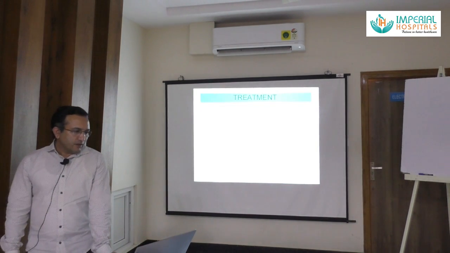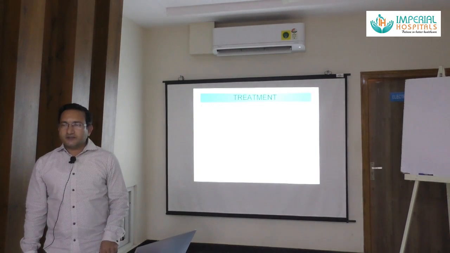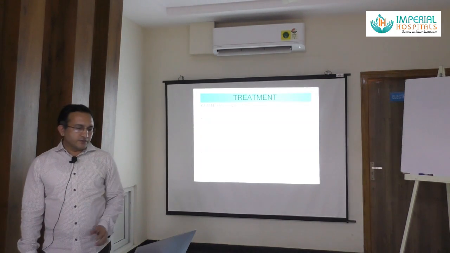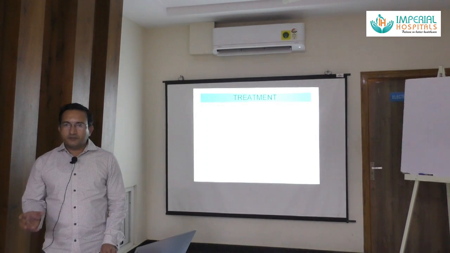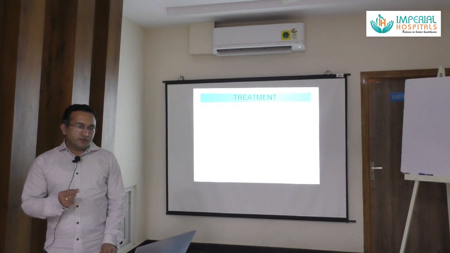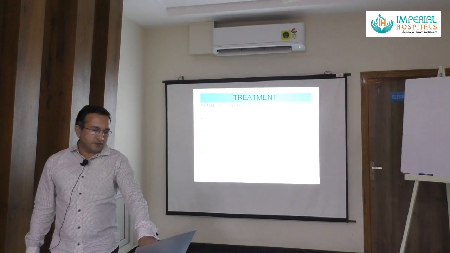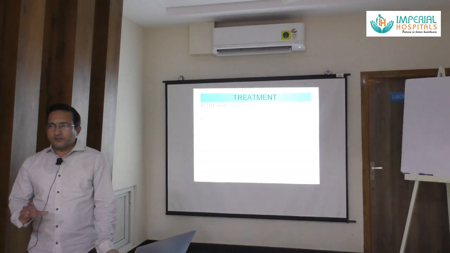How to calculate? The sodium deficit is 0.6 into body weight into your target minus the patient's sodium. But ultimately, the maximum correction is 8 to 10 milliequivalents per day. Here you can use around 8 or 9, and it will be approximately 400 or 450.